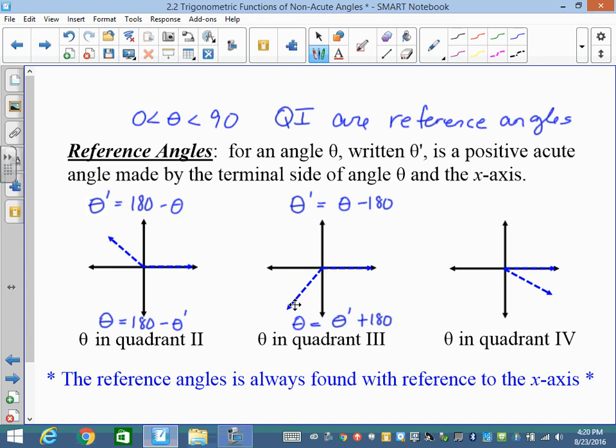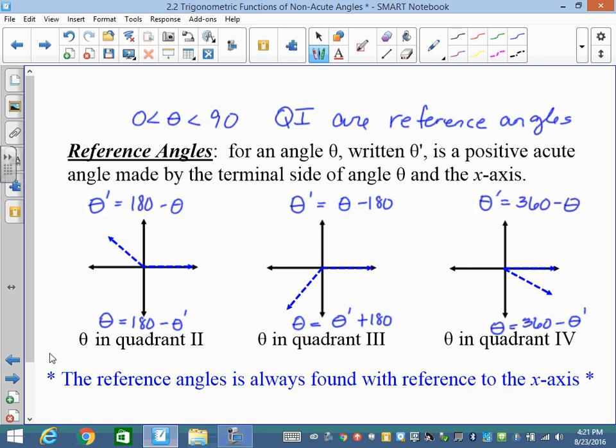That's for quadrant 3. And quadrant 4, we're down here. Theta prime equals 360 minus theta. And again, you can find theta this way. It would be theta equals 360 minus theta prime.